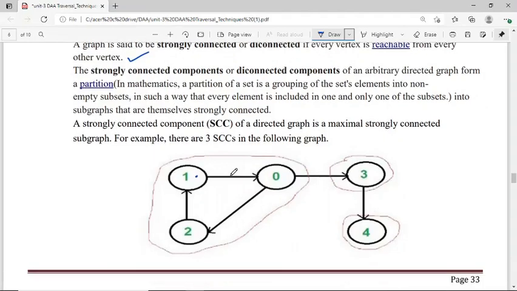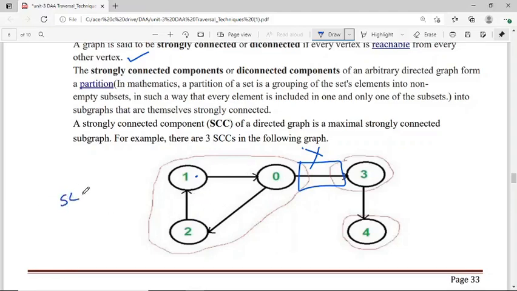In this given graph, you can see the strongly connected components of an arbitrary directed graph form a partition into subgraphs that are themselves strongly connected. For example, if we remove the edge from 0 to 3, even after that it will be a strongly connected graph, because all are connected together.